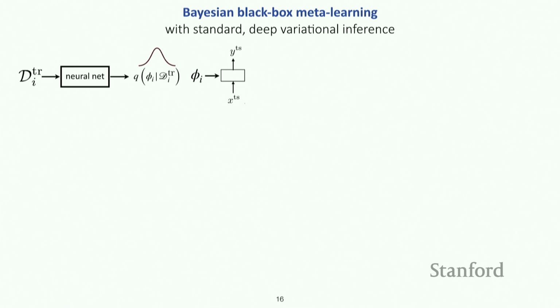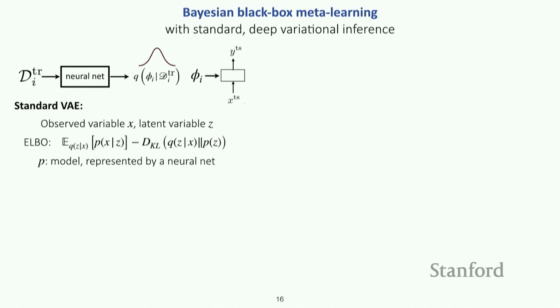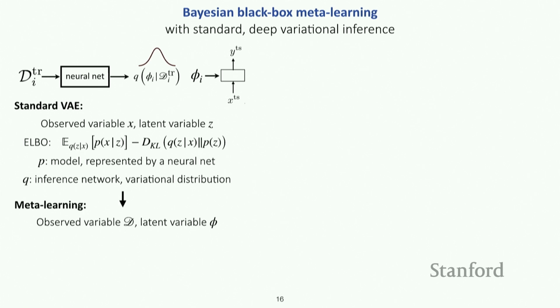In the standard VAE, our observed variable is x, our latent variable is z, and we derived the lower bound of our likelihood. In the meta-learning case, our observed variable is our data, and our latent variable is our parameters phi.